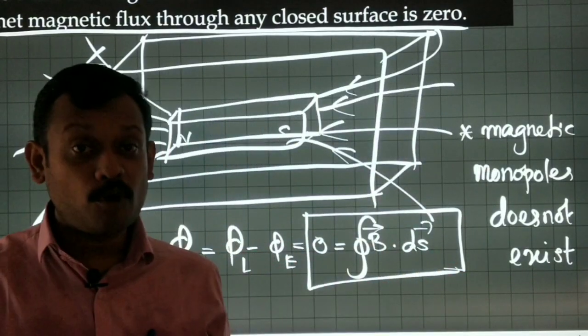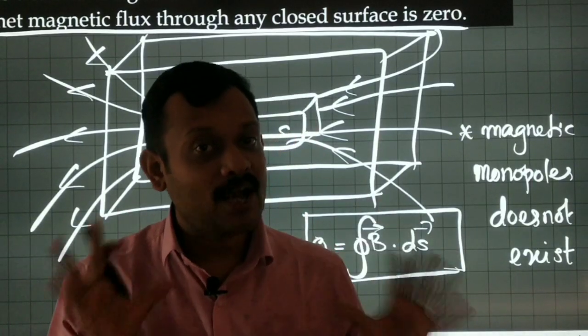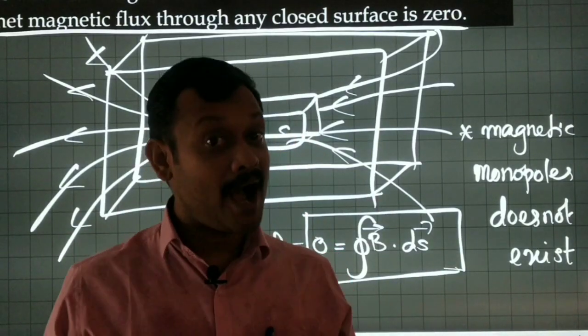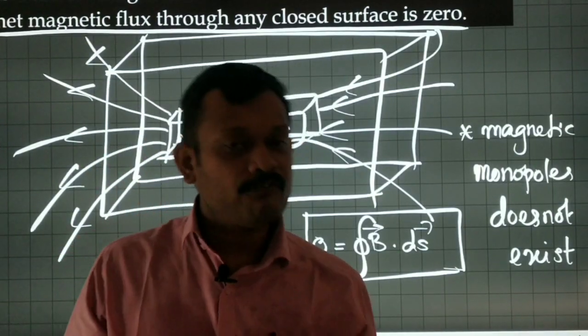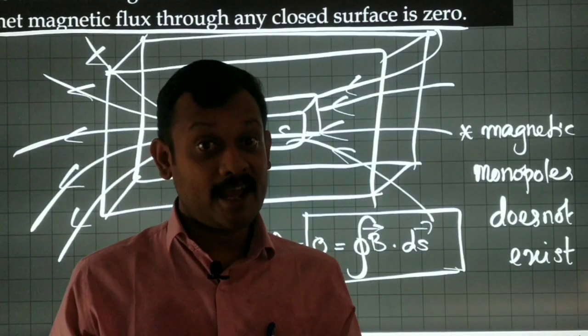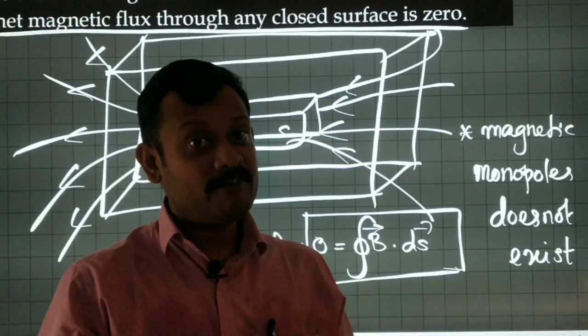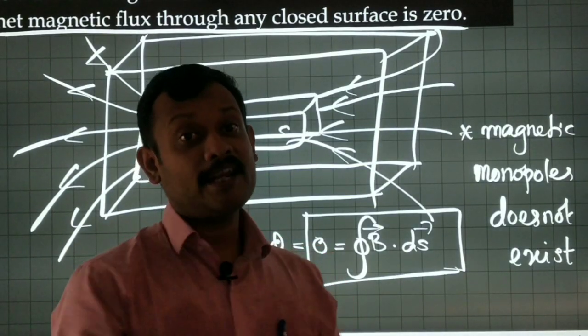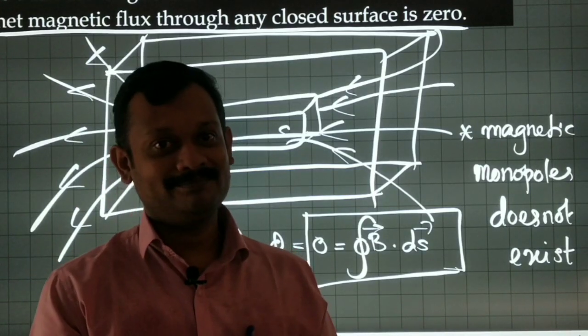Every magnetic configuration has a north pole and south pole. Whether it is a current carrying conductor, whether it is a circular coil, anything you consider, every magnetic configuration has a north pole and south pole.